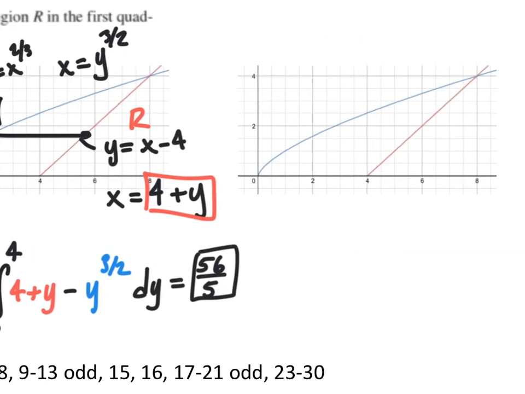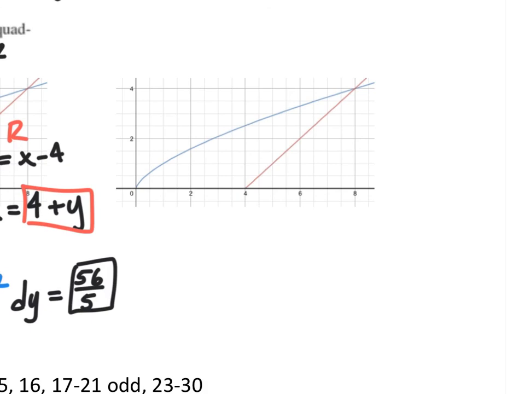Now let's look at this a completely other way. Somebody else might see that I could take this entire area under the blue curve, y equals x to the 2/3, between 0 and 8.